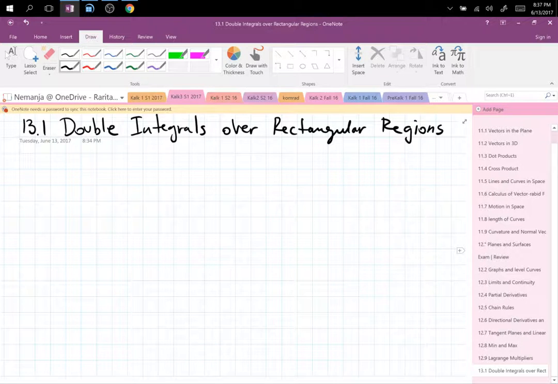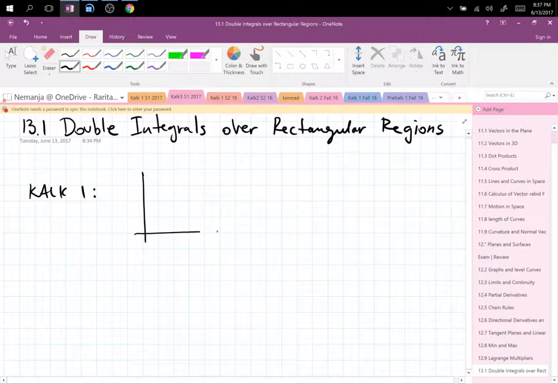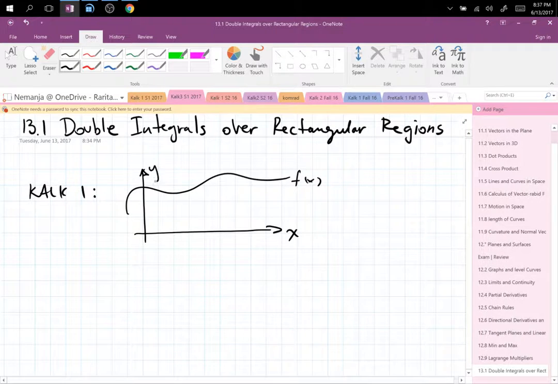So I'm going to start first by looking back at Calc 1 again, where I have a function f of x over some domain, and then I pick a to b to find area.